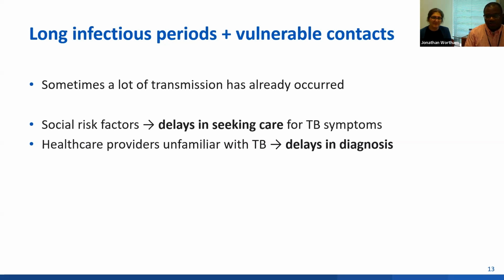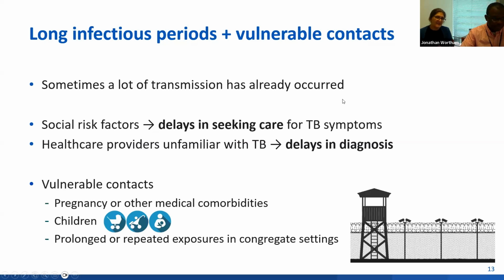And while those patients are not being treated for TB, they continue to be contagious, and transmission continues to occur. So these two delays, in seeking care and in diagnosis, are really two common themes that we see in outbreaks, and those lead to those long infectious periods. In addition, we see people we call vulnerable contacts, and that falls into a couple of different groups.